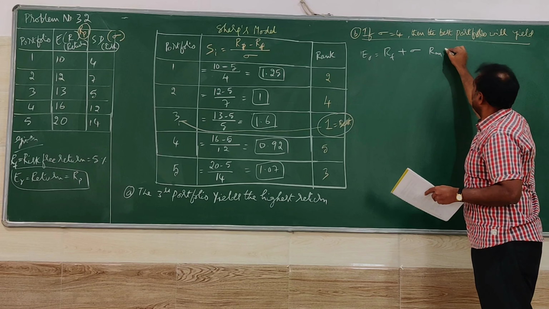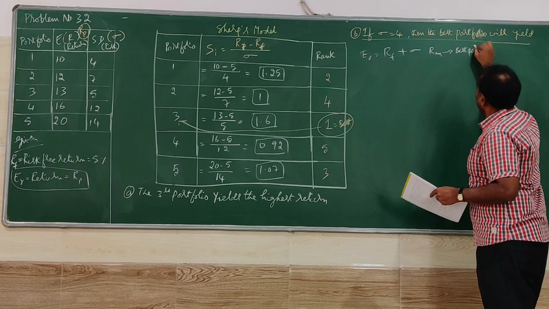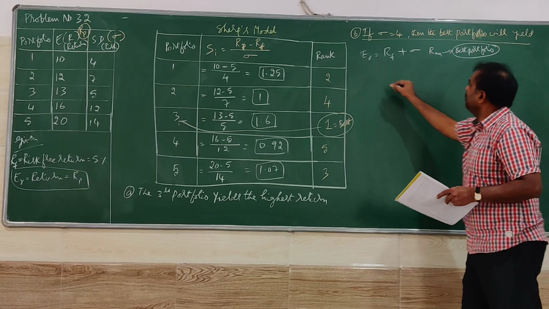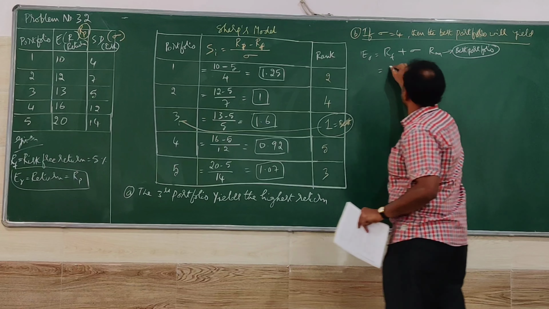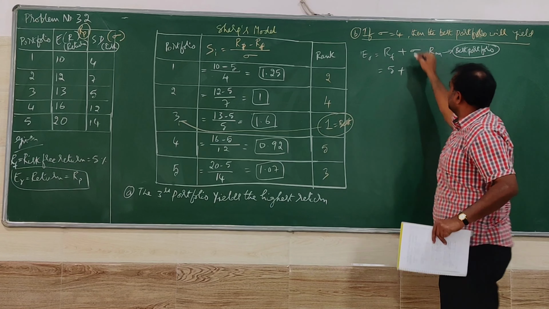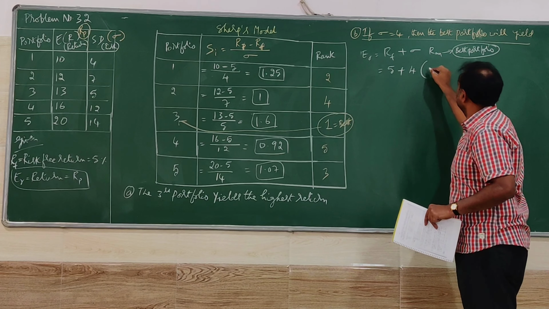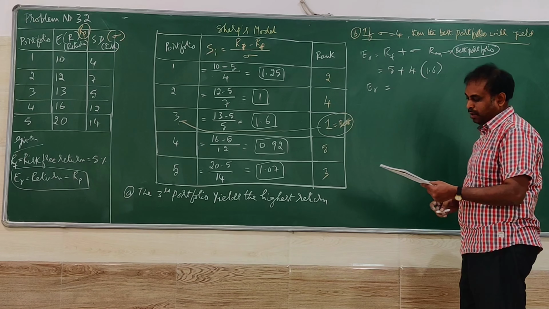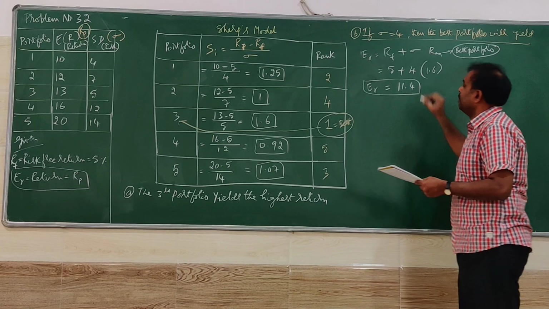So RM is nothing but here the best portfolio as per this problem. So let me substitute now. RF is 5. Standard deviation is given here as 4. The best portfolio return is 1.6. So if you simplify, you are getting 11.4.